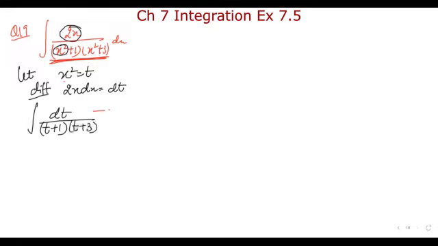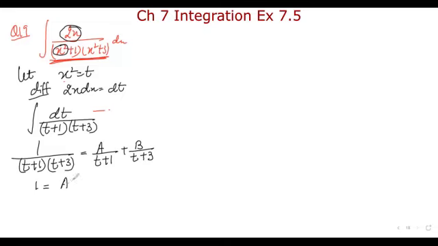Simple partial fraction now. 1 upon t plus 1 into t plus 3. So this value is a upon t plus 1 plus b upon t plus 3. Now on taking the LCM, it will be a into t plus 3 plus b into t plus 1.